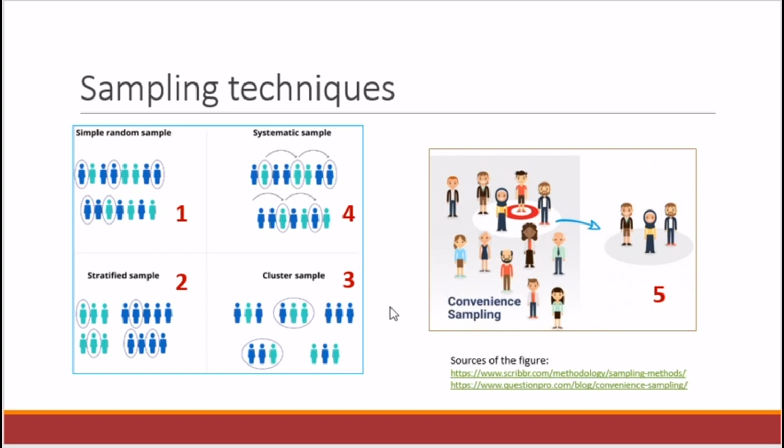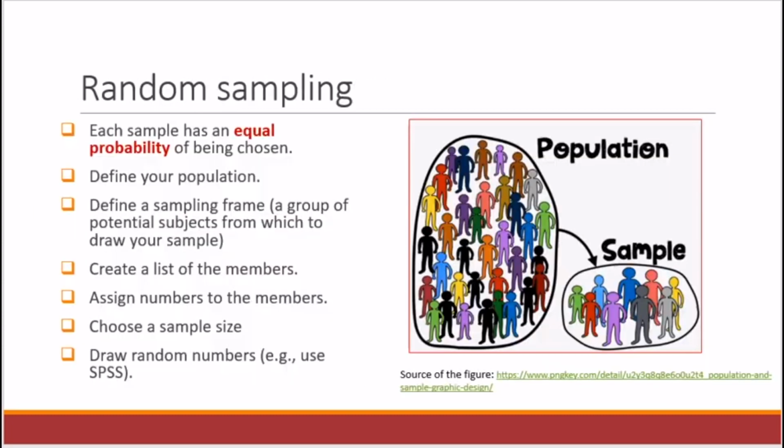It's important to note that the sample's representativeness of the population arguably decreases as you move from number 1 to number 5. But it might not always be so. So I'm going to explain further in the following slides to see what I mean by that.